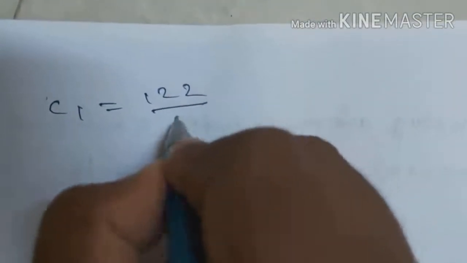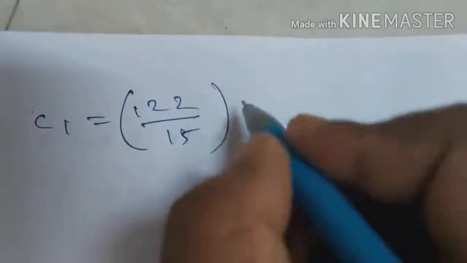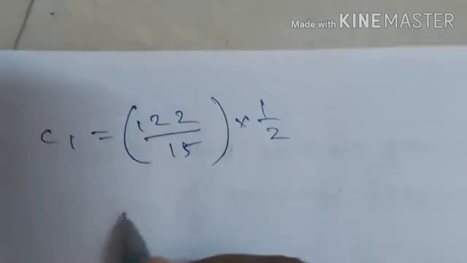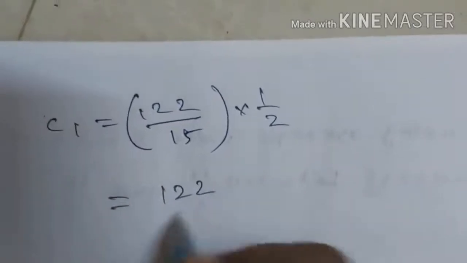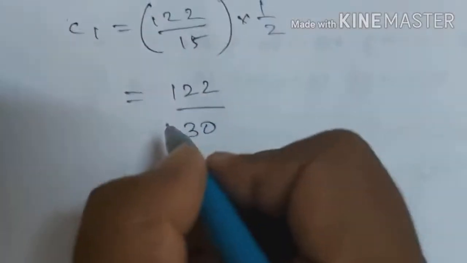So C1 equals 122/15 multiplied by 1/2. Now 2 and 122 cancel: 122/30, so 61 twos are 122 and 15 twos are 30.